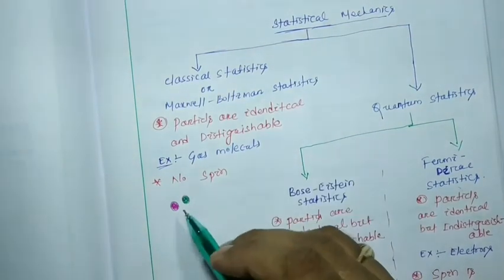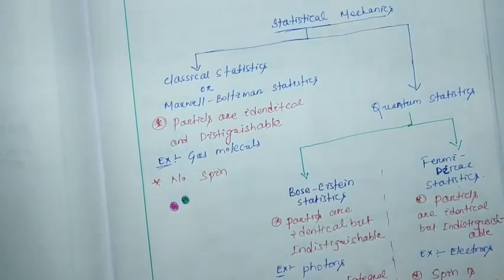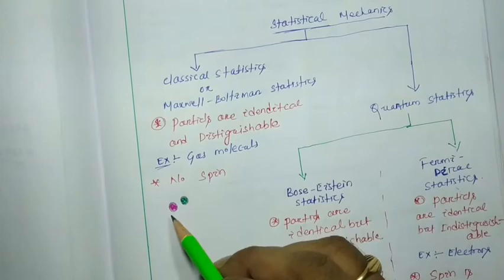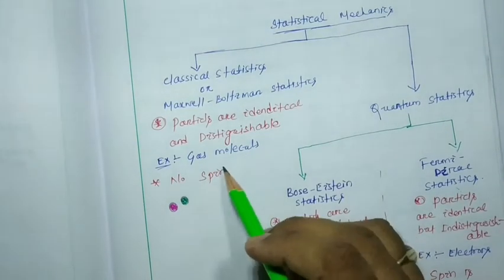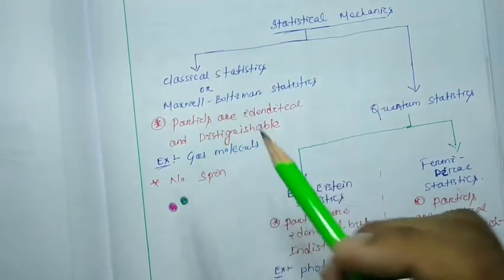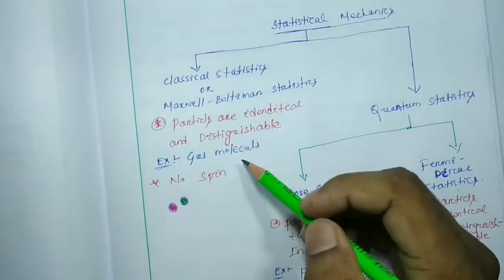So the two particles are identical but distinguishable. The size is the same, but they can be distinguished. Classical statistics is used for gas molecules.